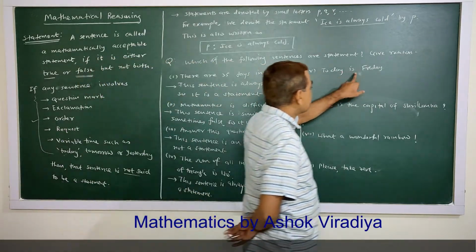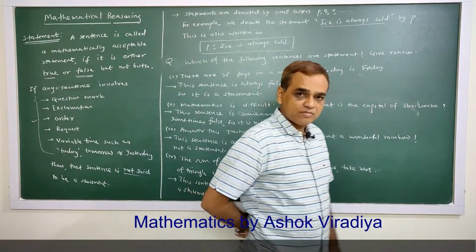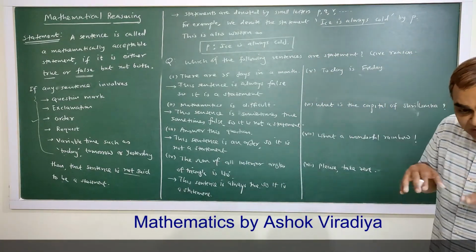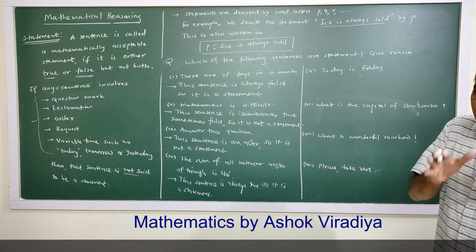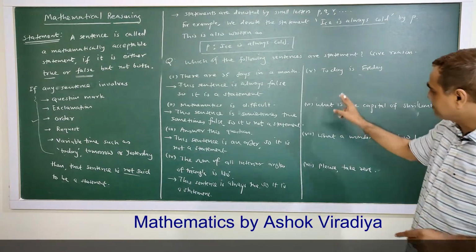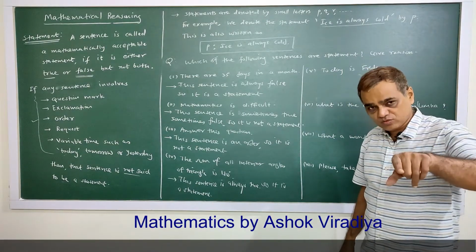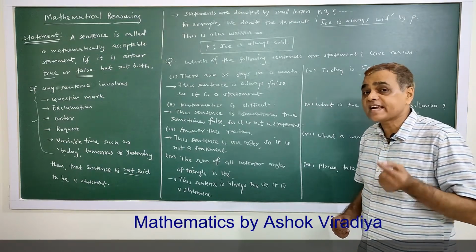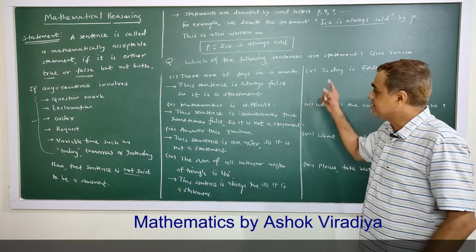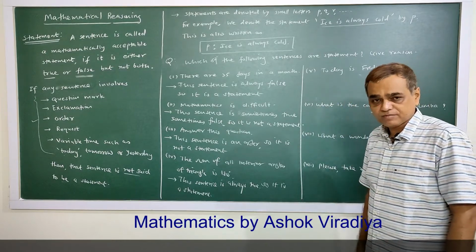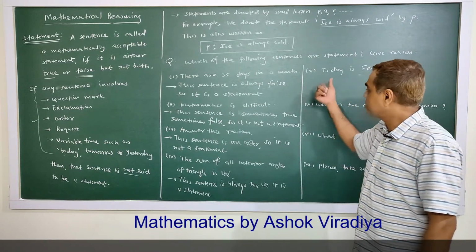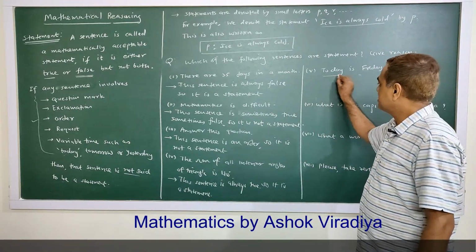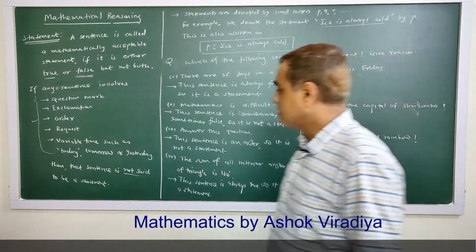Now here: today is Friday. If today really is Friday and this statement is spoken on Friday, then it is true. But if this statement is spoken on Saturday, then it is false. So this is not always true, because here the word is variable time.